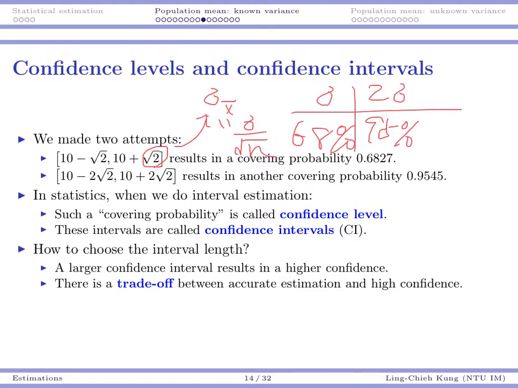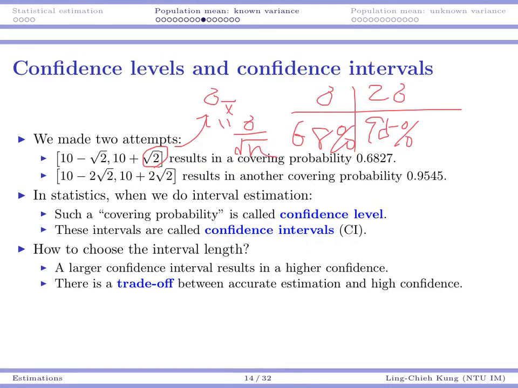For a confidence interval, we must know the probability for that interval to hit the population mean, that is, to hit the parameter we want to estimate. So that's the concept of confidence interval.